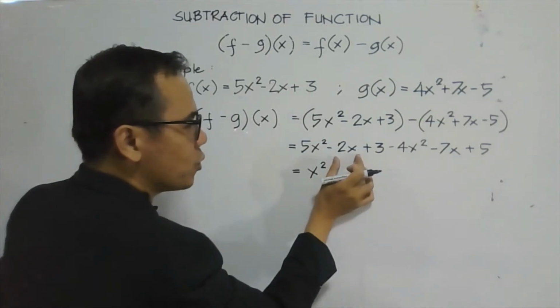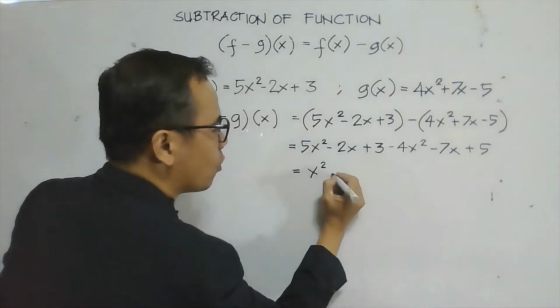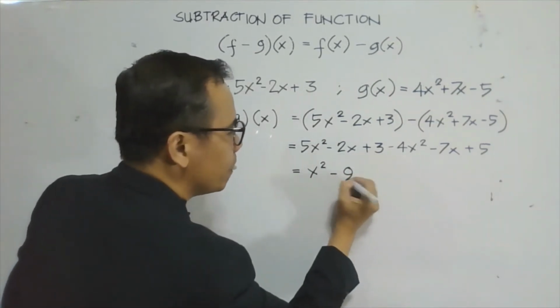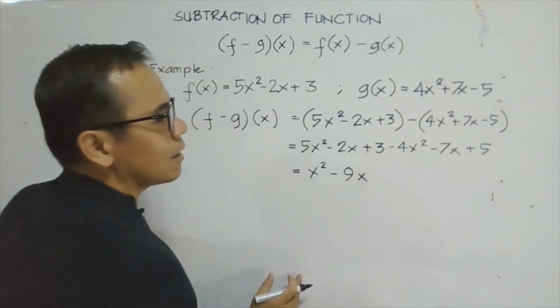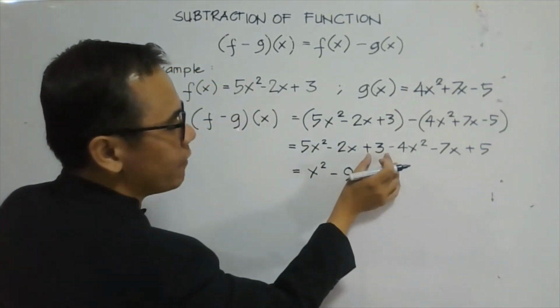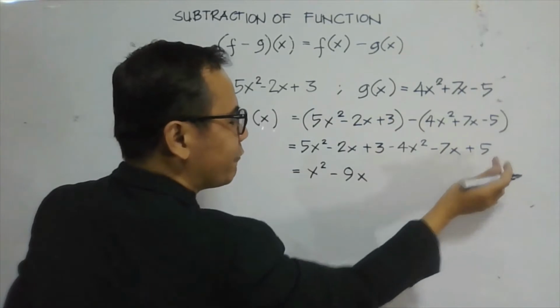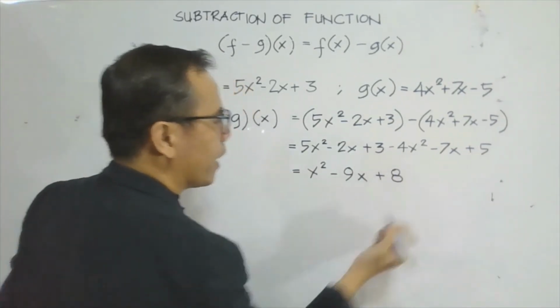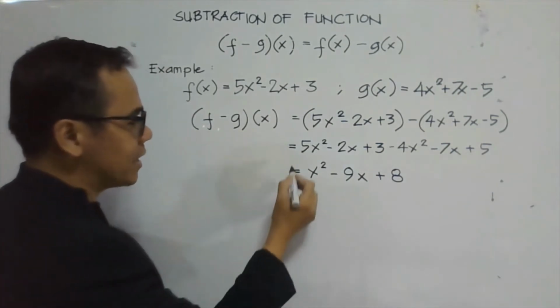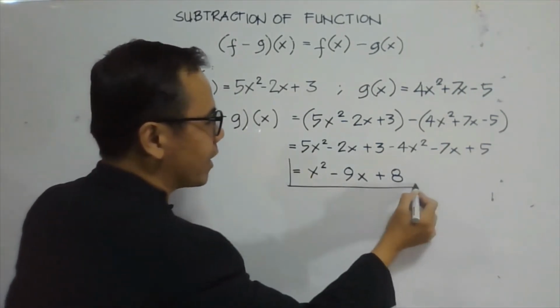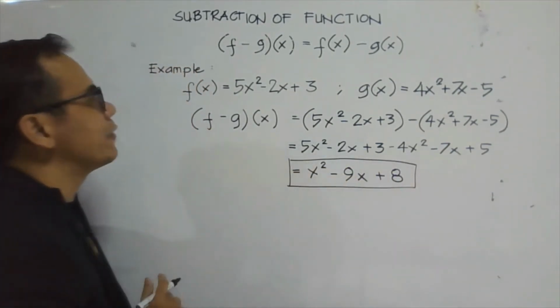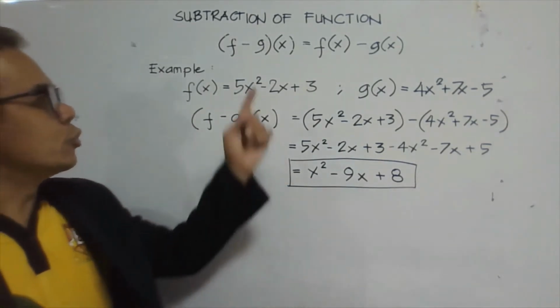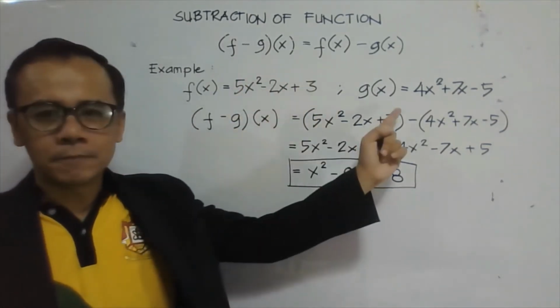So negative 2x minus 7x is equal to negative 9x. And the last two, we have positive 3 plus 5 is equal to 8. So therefore this is now our final answer for the difference of these two functions.